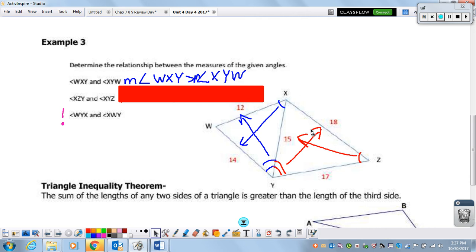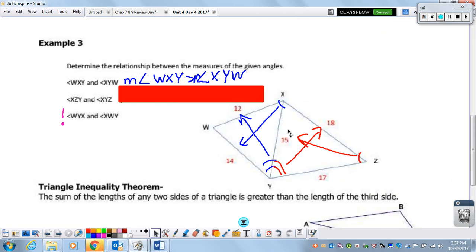Now to look at the other triangle, we have angle XZY, which is across from the side that's 15, and angle XYZ, which is across from the side that's 18. What's bigger, 15 or 18? Good, it's 18. So that means that this angle must be greater, but we want to keep it the way it's written.